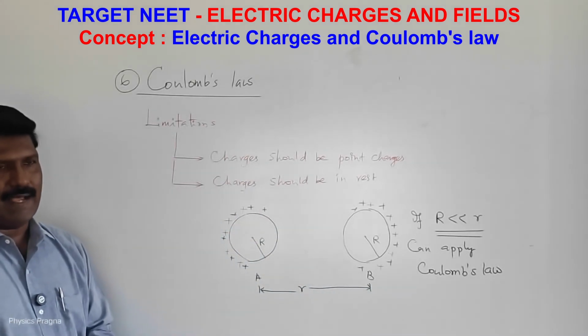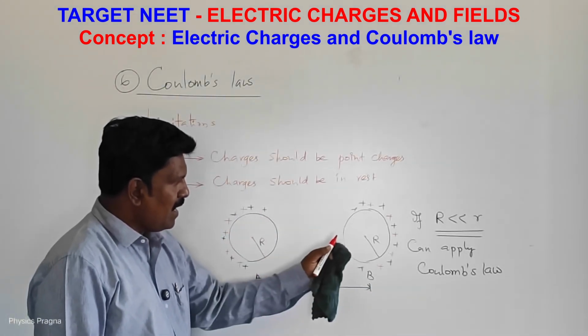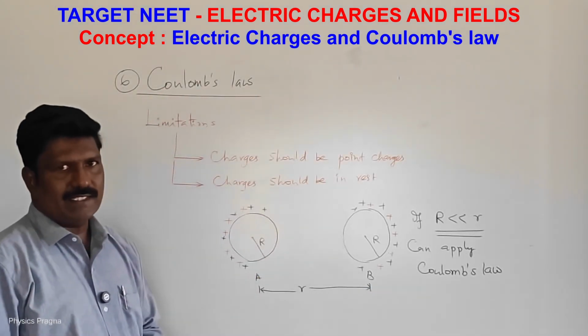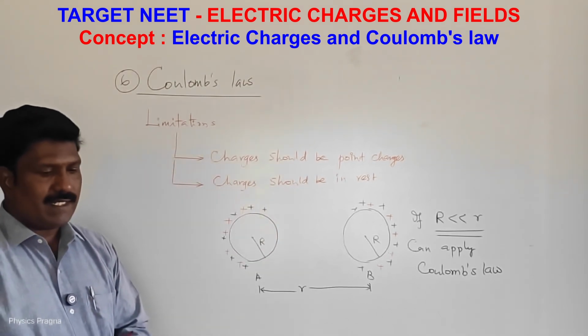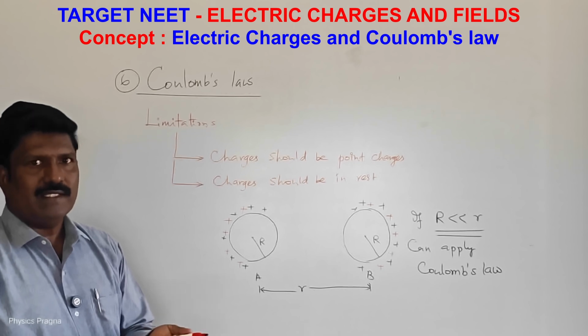If not, we cannot apply. If they are very near, and the r value is comparable with the small r value, then we cannot apply Coulomb's law. These are the limitations of Coulomb's law.